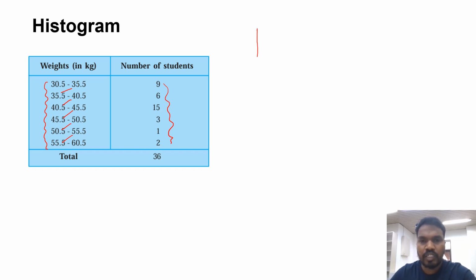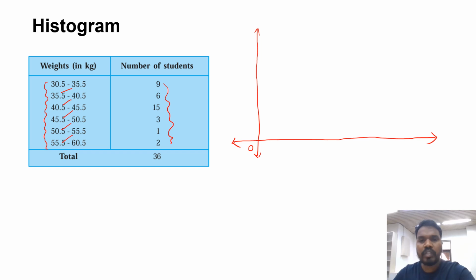How will we construct it? Consider two axes, right? The horizontal axis is the x-axis, and it will be used to write down the class intervals. Now if you observe, our coordinate xy plane starts from 0, but here the values start from 30.5.